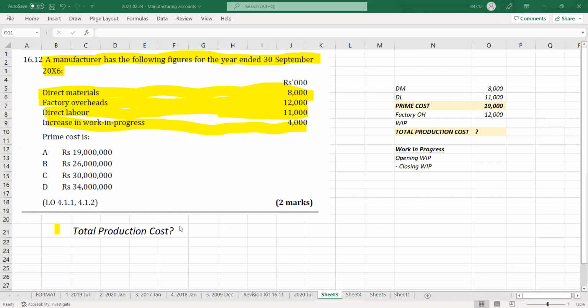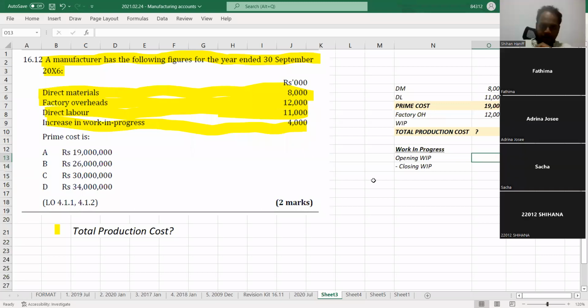Right. What is meant by increase in work in progress? Increase in work in progress means your closing stock is more. So increasing is opening work in progress? No. Increase in work in progress. For example, if the opening work in progress is 10,000, closing work in progress is 14,000.